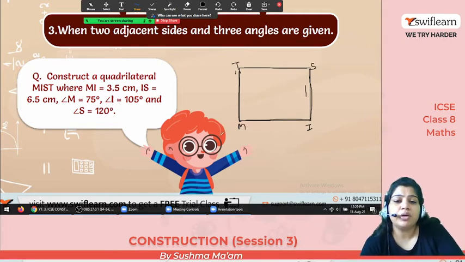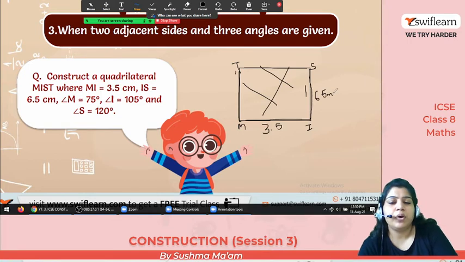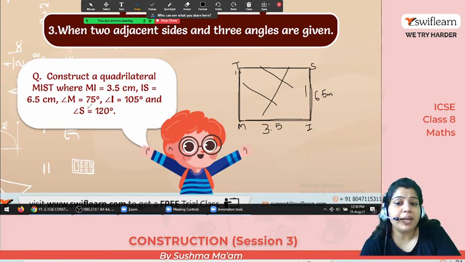But here in the question, because angles are given, this one is not a correct rough sketch. So MI is 3.5 and this IS is 6.5 centimeter. Okay, now angle M is 75 degree and this I is 105 and this S is 120.